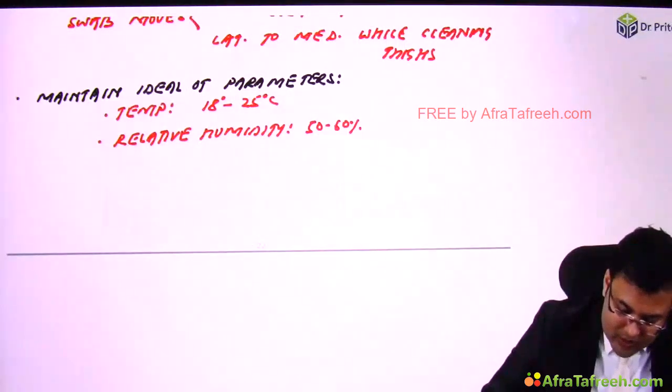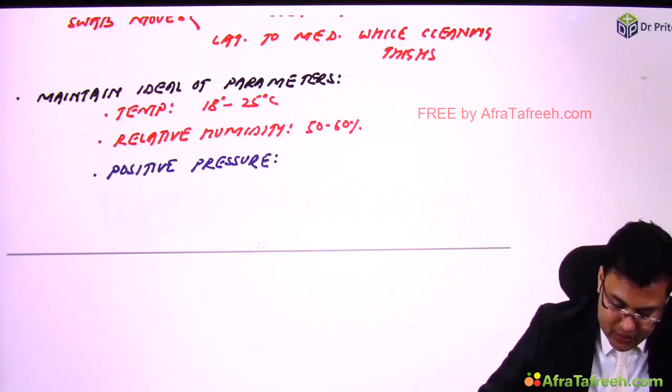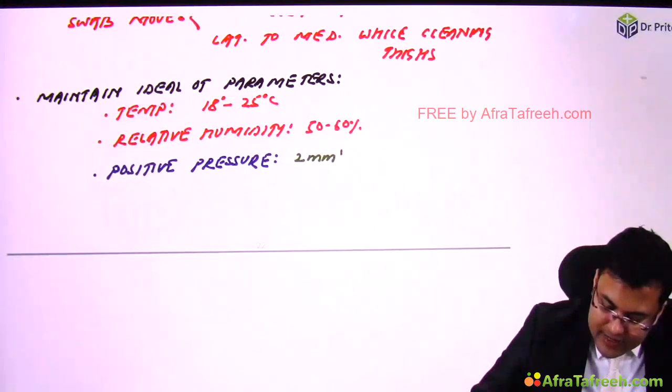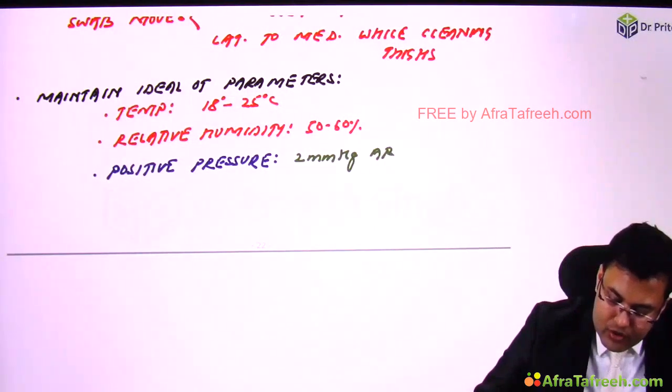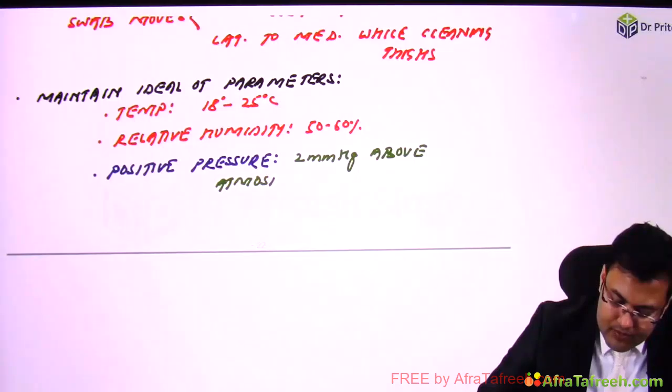After that, what about the positive pressure inside the OT? Positive pressure inside the theater should be 2 mmHg above atmospheric pressure.